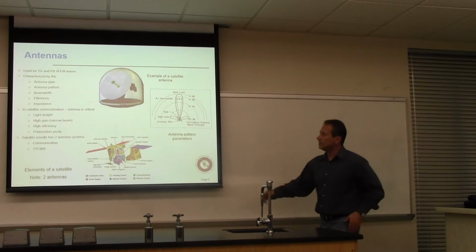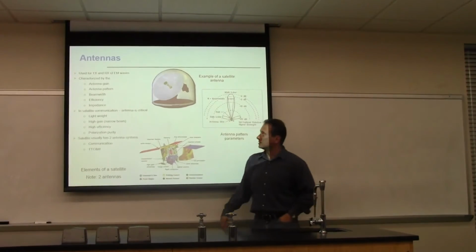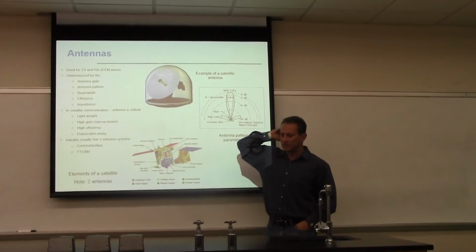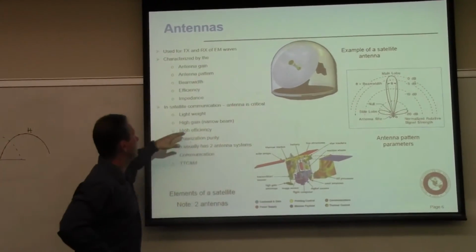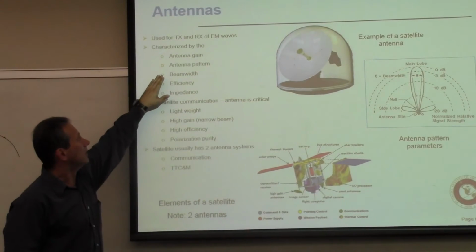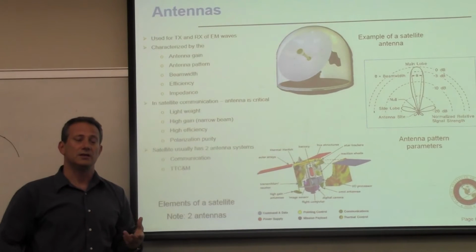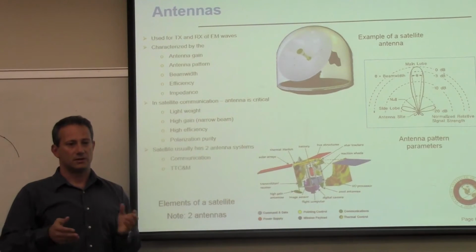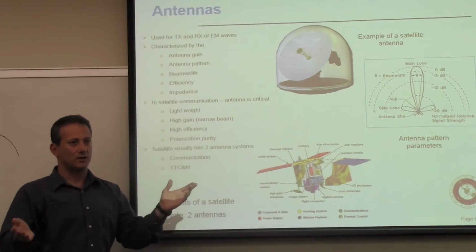Listed here are some of the things that we use to characterize antennas, and this is just in general. I just want to put them on the slide so that you make sure you know what these are. When I talk about antenna gain, antenna pattern is the graphical way of presenting the gain, because antenna gain is a function of the two angle coordinates.